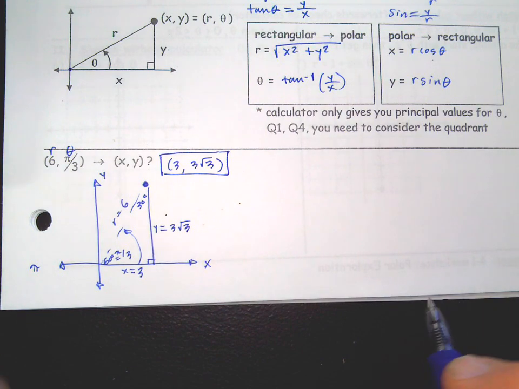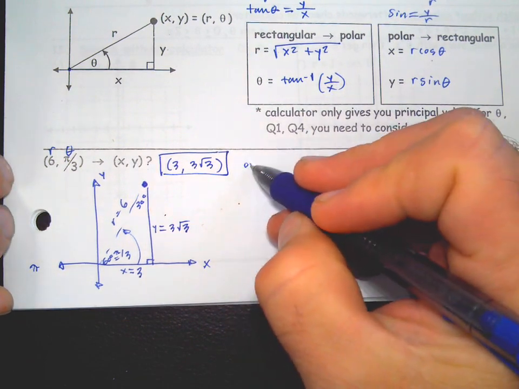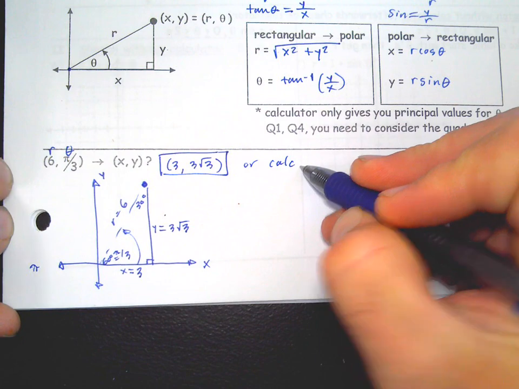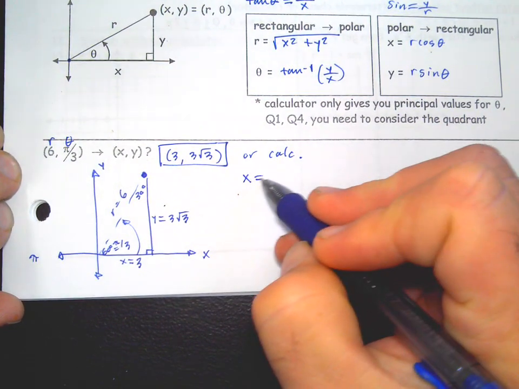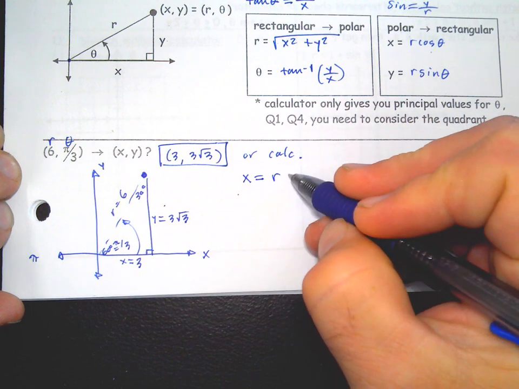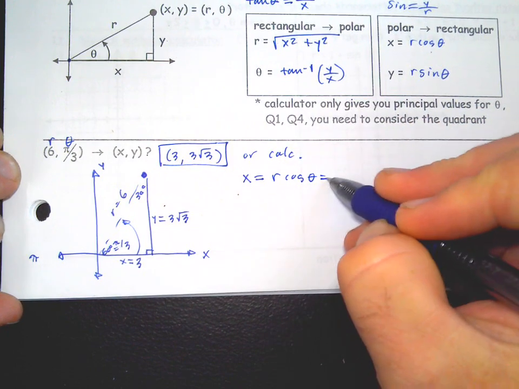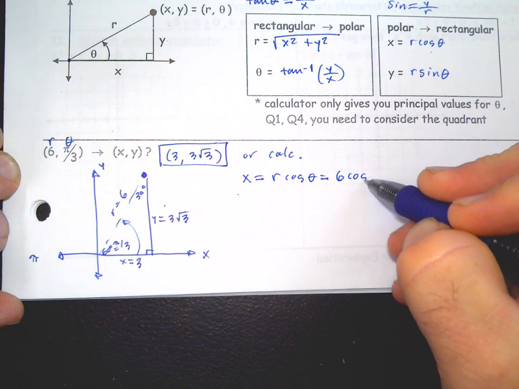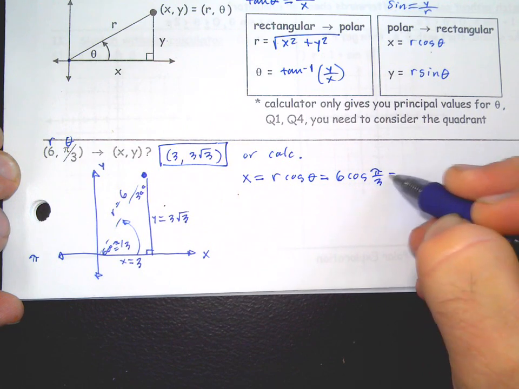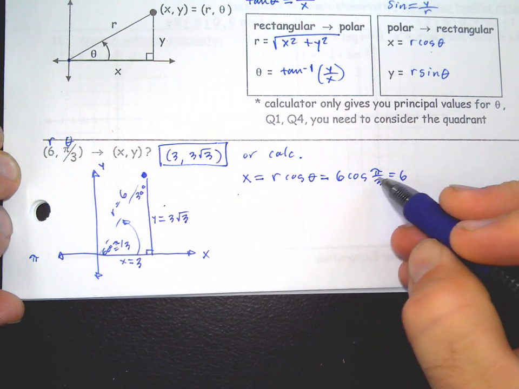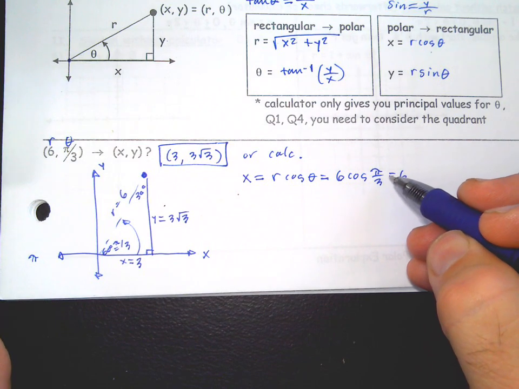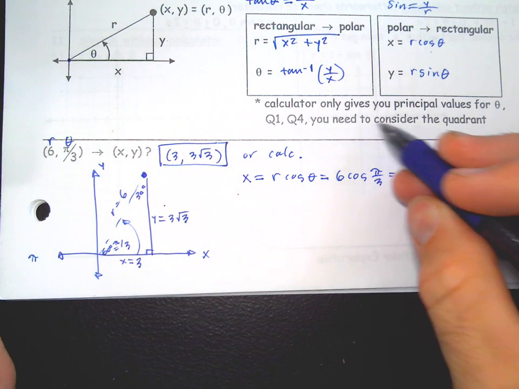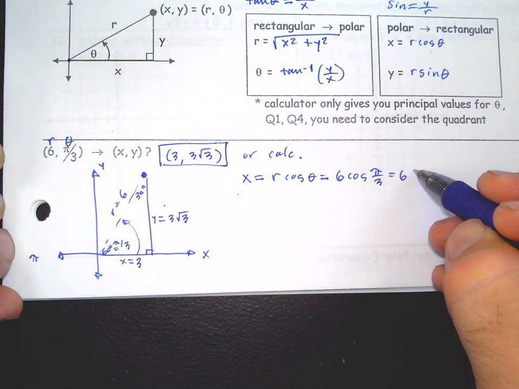Or you could just calculate it from these formulas that we wrote down, which I think you're going to start to remember very quickly. Oh yeah, x equals r cosine theta. So if r is 6 and theta is pi over 3, what's cosine of pi over 3? Well, it's pi over 6, pi over 4, pi over 3, pi over 2, so it's that later angle: 1, root 3 over 2, root 2 over 2, 1/2.